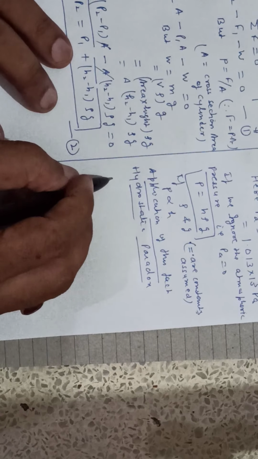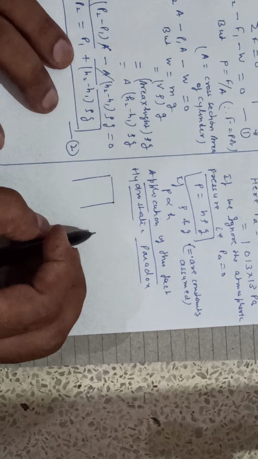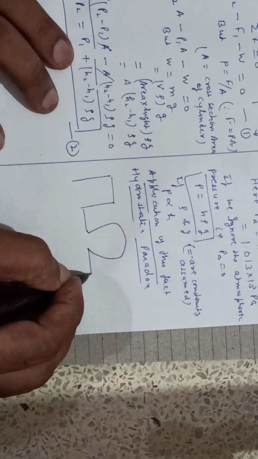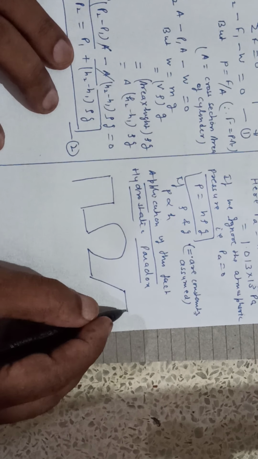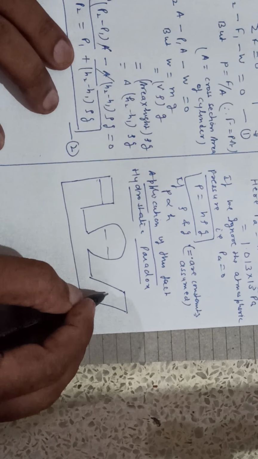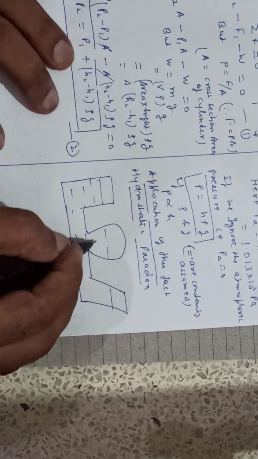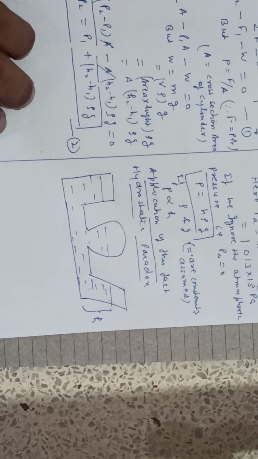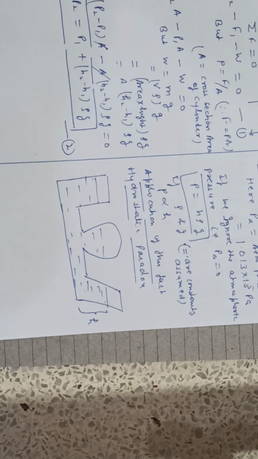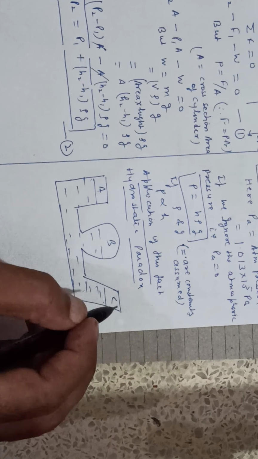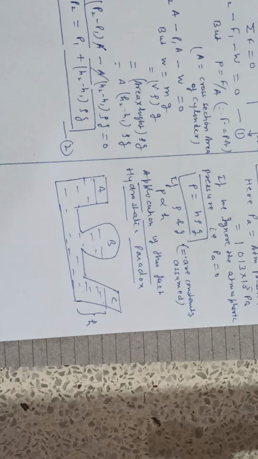According to which, if we take containers of different shapes like this, and a liquid is filled in it, then if we take the vessels of different shapes, let this be vessel A, this is vessel B, and this is vessel C as shown in the figure. These vessels are connected at the bottom by a horizontal pipe.